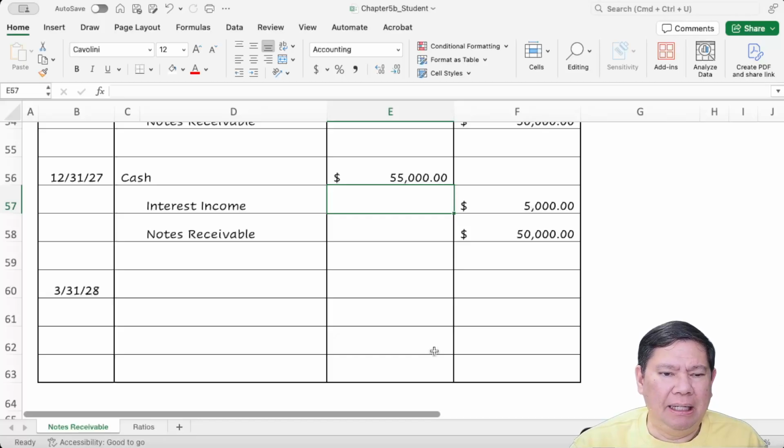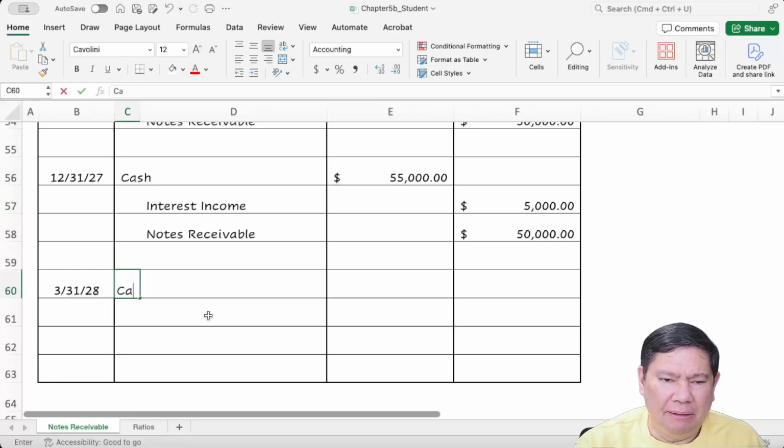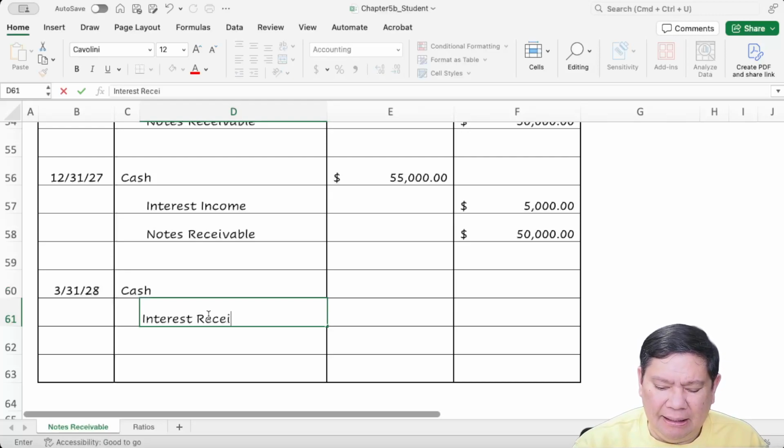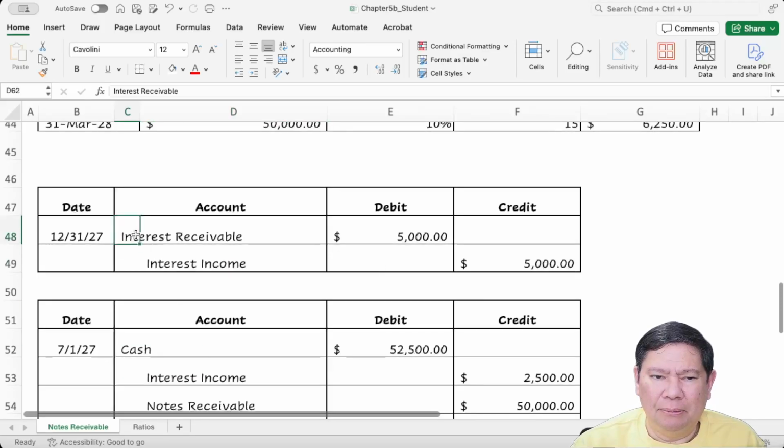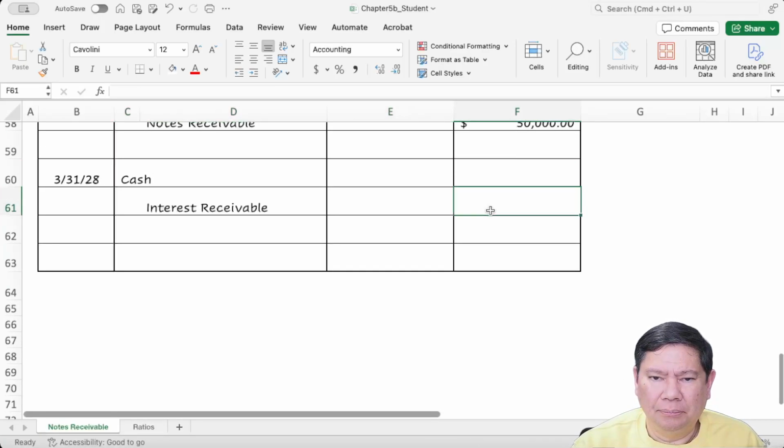Now, what if we receive the payment March 31st, 2028? Okay, so we are going to receive cash. We are going to cancel the interest receivable we did earlier here. This one, right? $5,000.